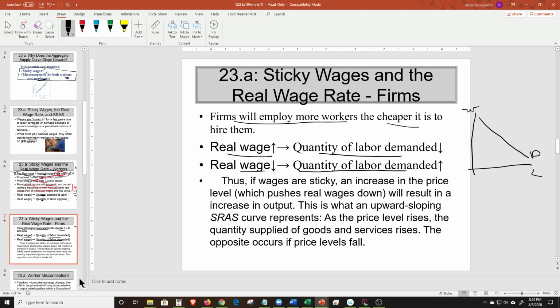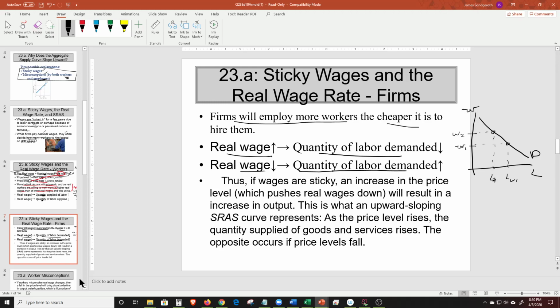So basically, if we go from a wage 1 to a wage 2, this is the labor demanded at wage 2, and this is the quantity of labor demanded at wage 1.